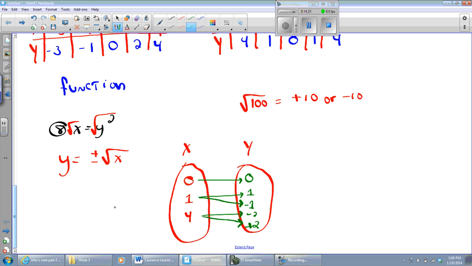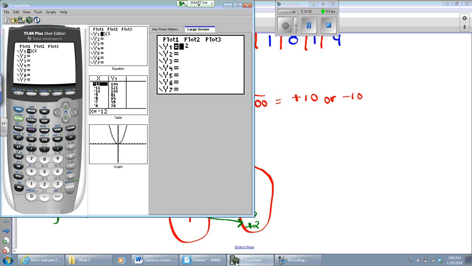By the way, if you want to do this on the graphing calculator, you have to do it as two functions. Y equals the square root of x, and also y equals the negative of the square root of x. And since we did that, I'll go ahead and show you. We need the square root of x.